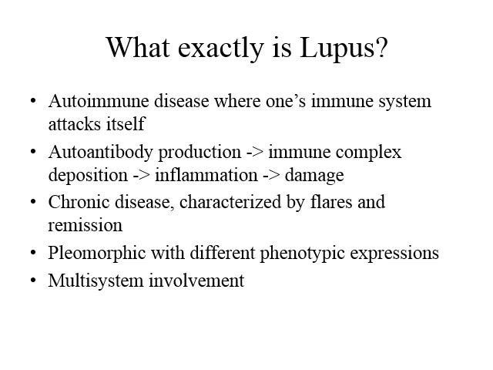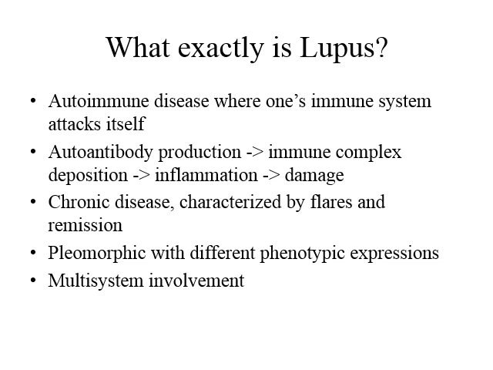Now what exactly is lupus? That is the autoimmune disease where one's immune system attacks first. Autoantibody production, immune complex deposition, inflammation and damage. It is a chronic disease characterized by flares and remission. Pleomorphic with different phenotypic expressions.